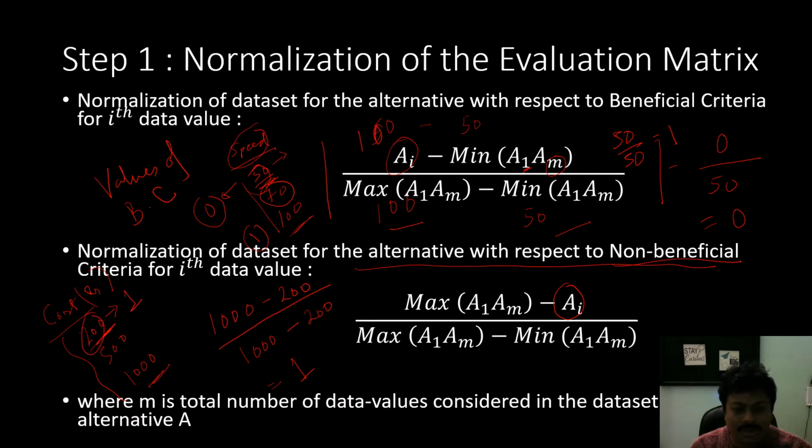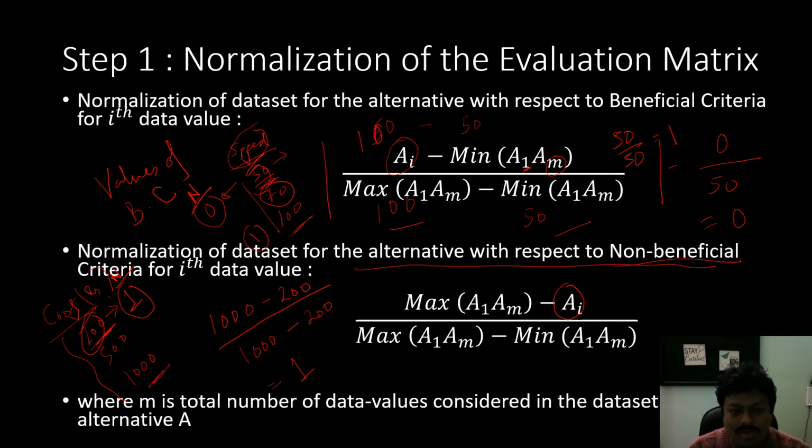So this 1 will be indicative of that, because when we are doing the decision making, we will use these normalized values, not the real value of speed, the real value of cost.